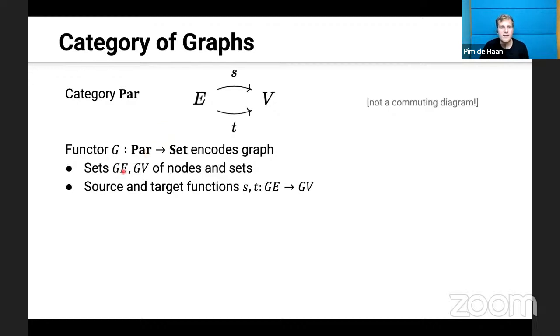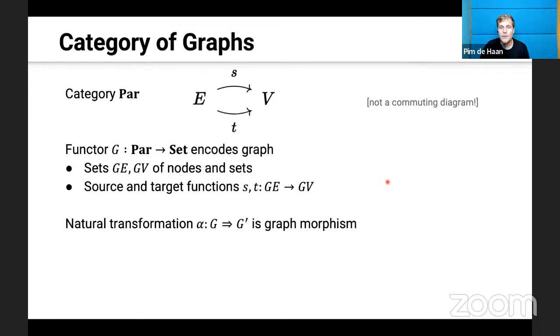Well, it contains a set G of E, a set G of V of edges and vertices, and it contains two functions from the set of edges to the set of vertices. And this exactly encodes a graph, because a graph has edges and it has vertices. For each edge, we can map to the source vertex, and we can map to the target vertex. So this corresponds to a directed graph.